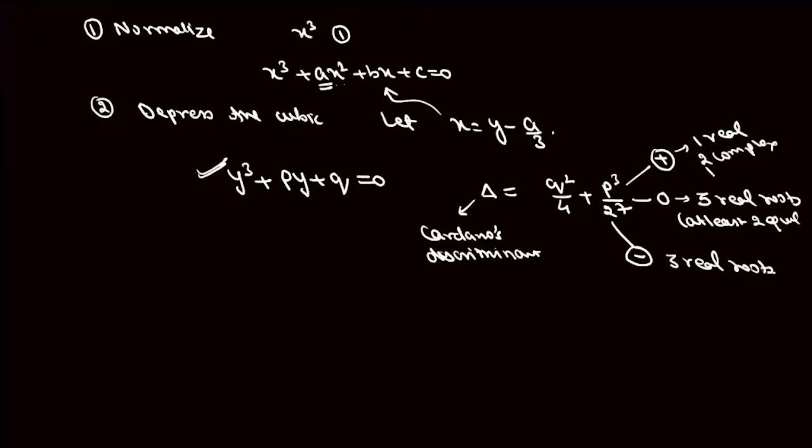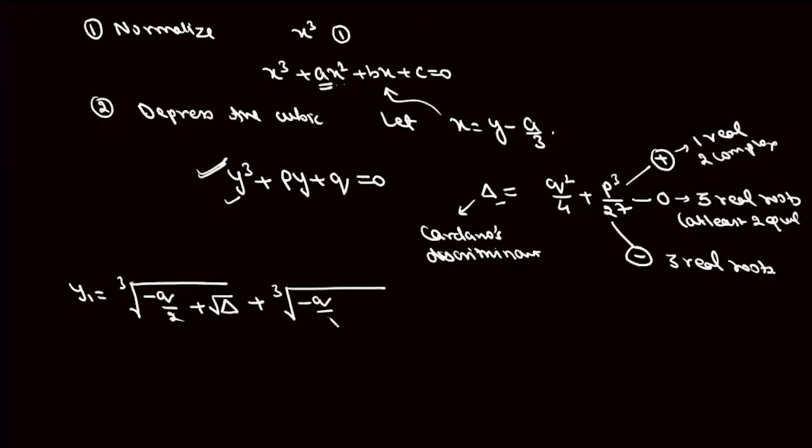Now we'll start writing roots of this equation. We'll get y1, and it'll be given by the cube root of minus q by 2 plus under root delta, plus the cube root of minus q by 2 minus under root delta.